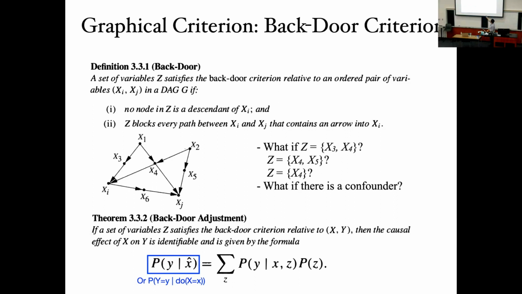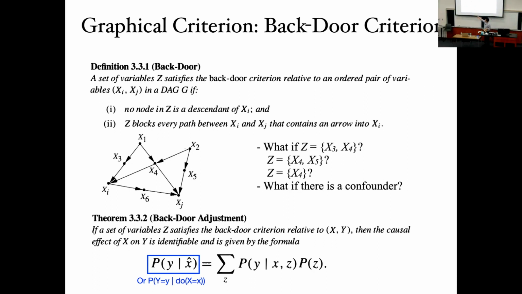We say a set of variables Z satisfies the backdoor criterion relative to the ordered pair of variables xi, xj, if two conditions hold true. They are very intuitive. The first condition says that no node in Z is a descendant of xi.